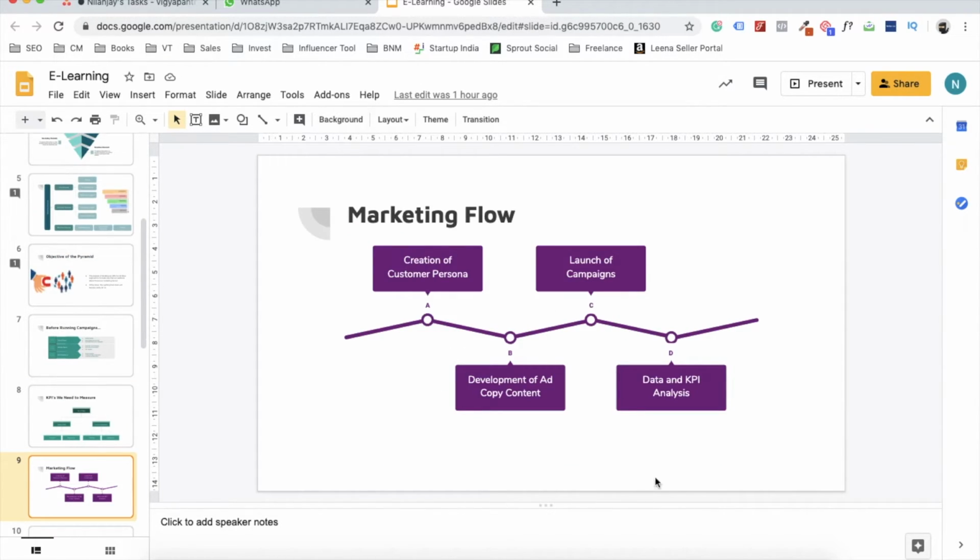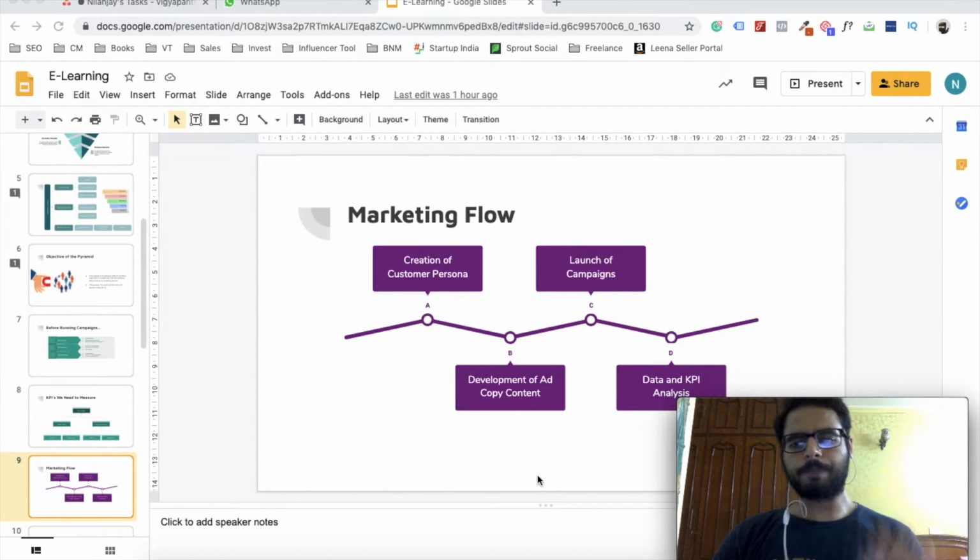Now, here I have given a general picture of the marketing flow, which is my process of how I, as a PPC ad specialist, decide to run a campaign, or how I execute a campaign in the first month when I onboard a client.